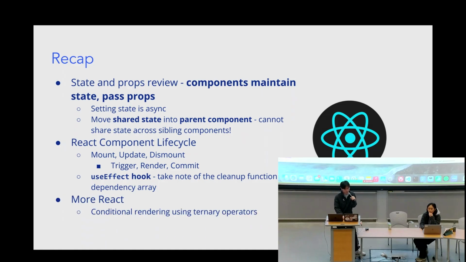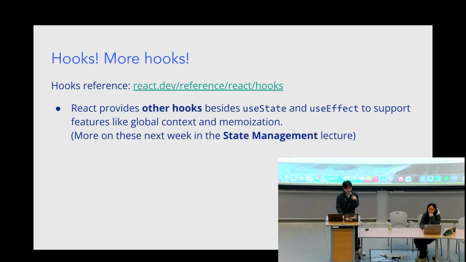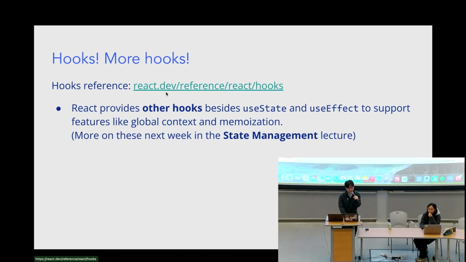And we also talked about more React with conditional rendering and rendering multiple components using loop rendering, or in this case, we had the map function. And so hooks are really important because they let you interact with the React lifecycle. And if you need any more reference, you can go to react.dev/reference/react/hooks.